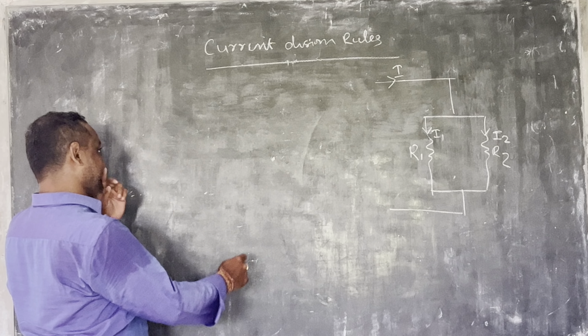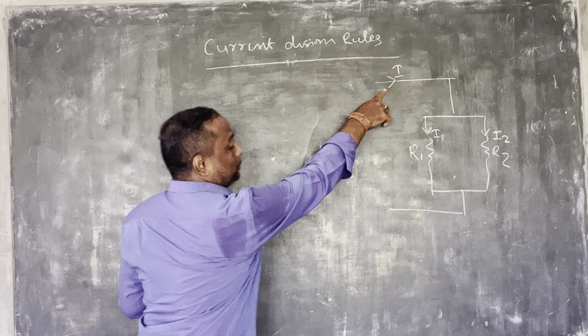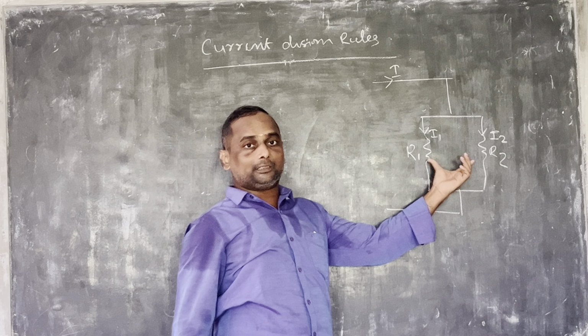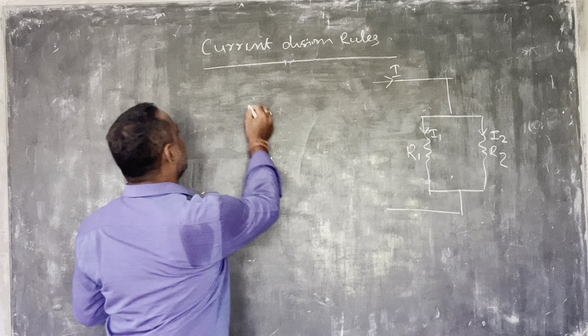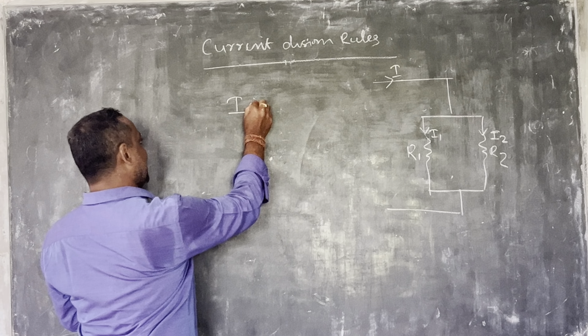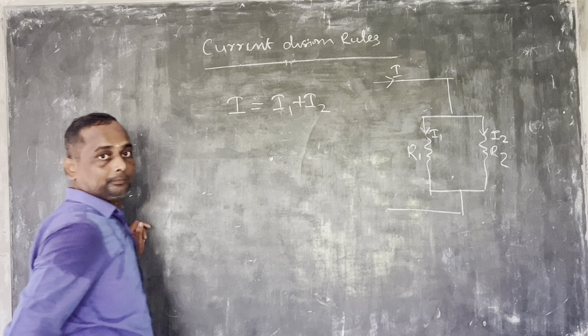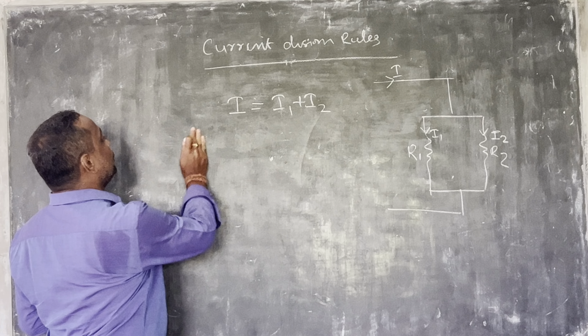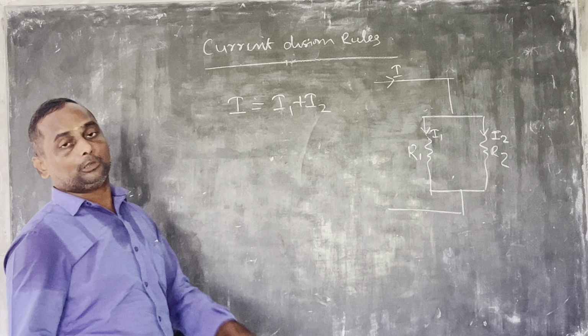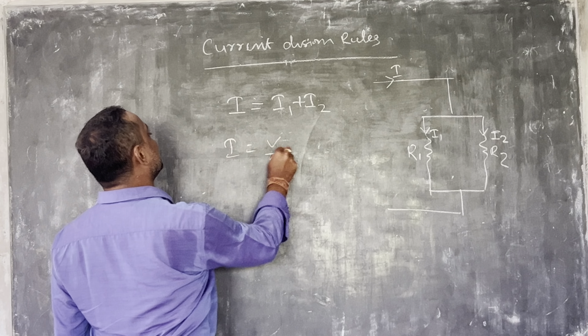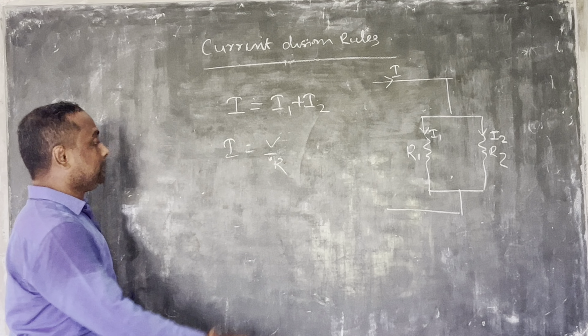Let's take the total current. The total current is divided into two parts, that is I1 and I2. That is, the total current I equals I1 plus I2. Here, to find the current we use Ohm's law, that is I equals V by R. Clear?